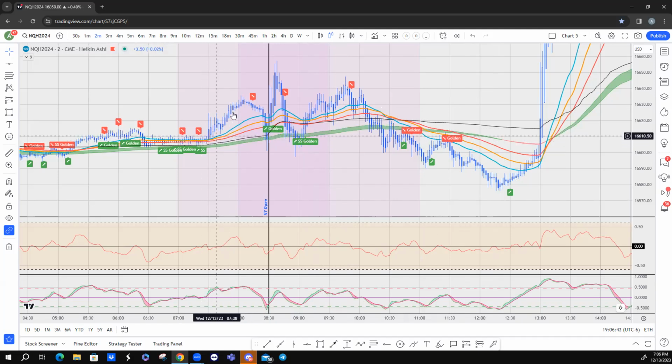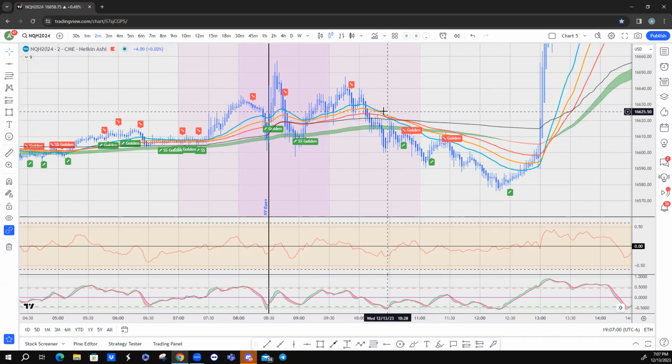It lets me know how price is moving, what's really happening depending on the pullbacks, and as the EMAs start to tighten up over here, it alerts me that price could be changing direction.